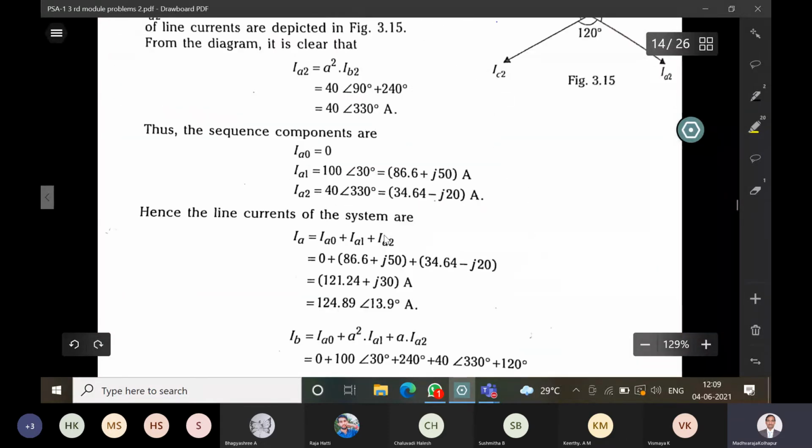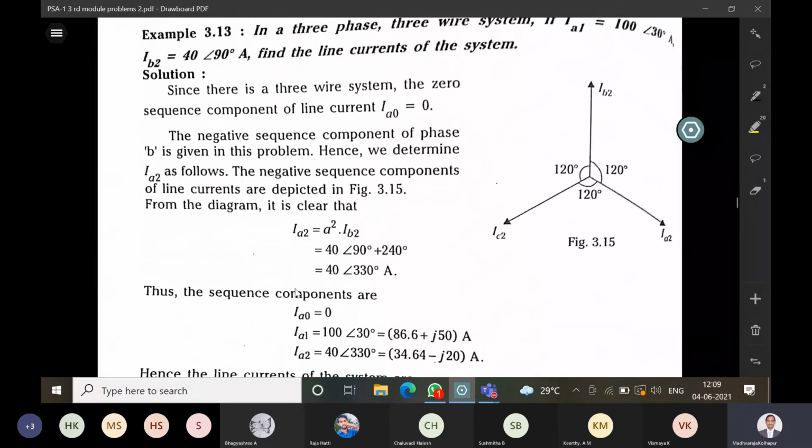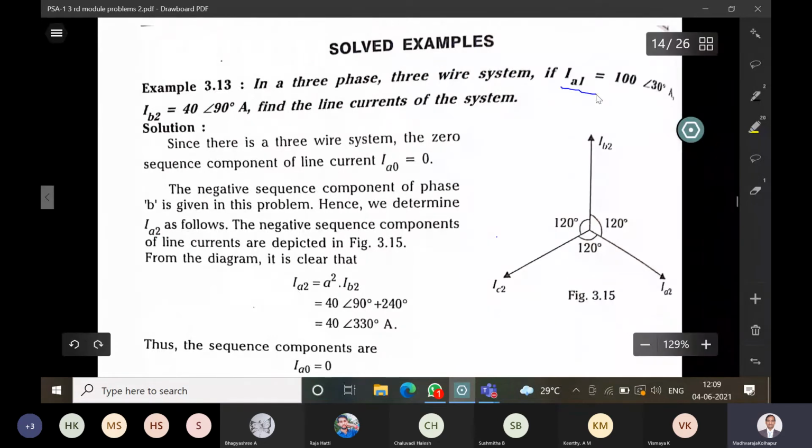Those line currents are small IA, small IB, and small IC. We need to calculate. He has given IA1, and instead of IA2, he has given IB2. So in this problem we need to convert IB2 to IA2.